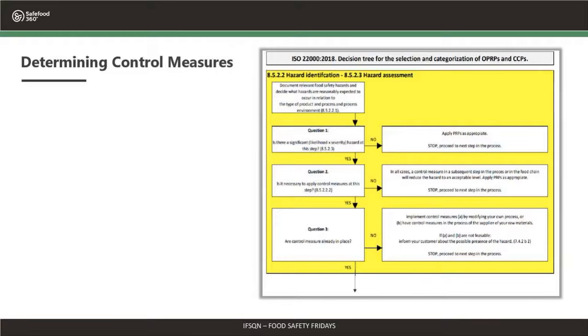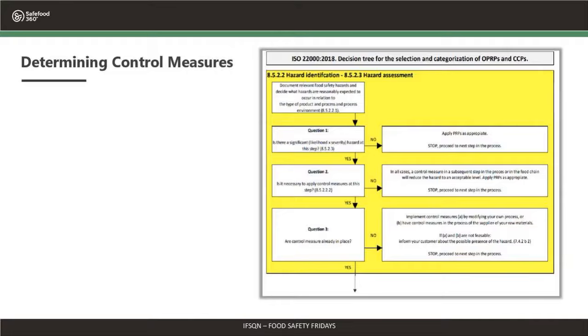If we say no, then as you can see here, a control measure could be in a subsequent step in the process. So for example, if we had a process step called mixing, and we've identified a physical hazard of metal, we would answer that question as no, because further down the line we have metal detection. So there is a control measure in a subsequent step.